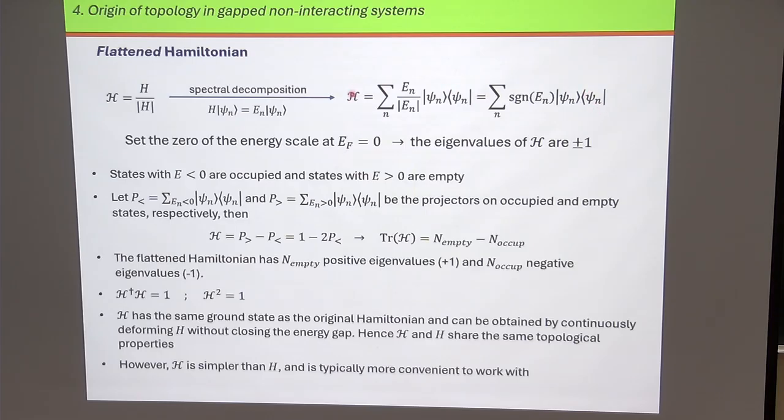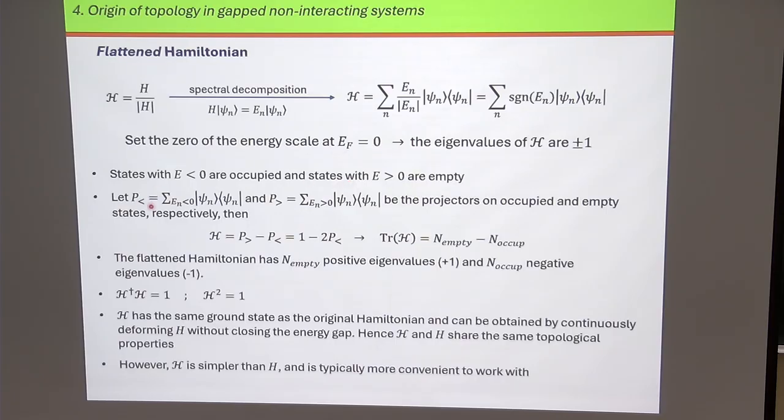The advantage is that if you look at the eigenvalues of the flattened H, they are going to be just plus or minus 1. You can also rewrite these Hamiltonians in terms of projectors. At zero temperature, your Fermi energy is the zero energy, so all the states below are occupied and all the states above are empty.